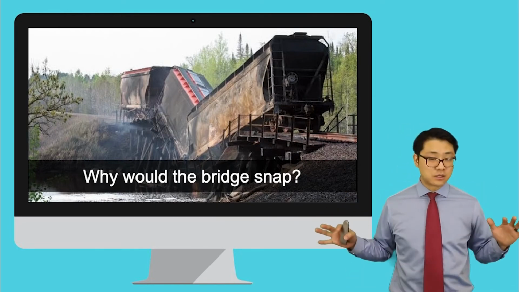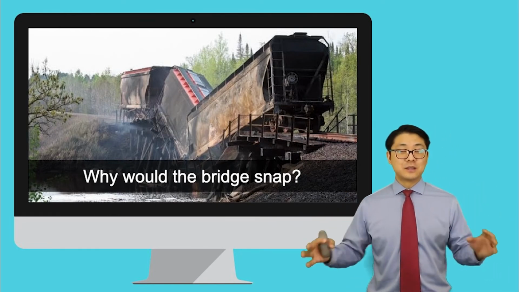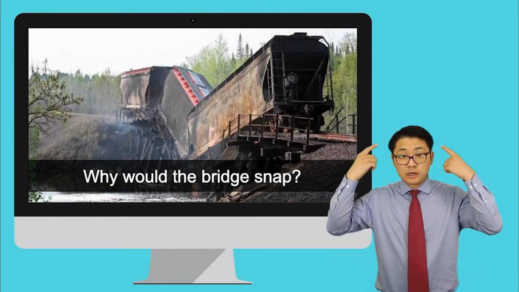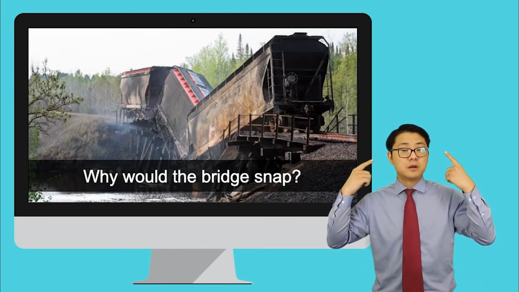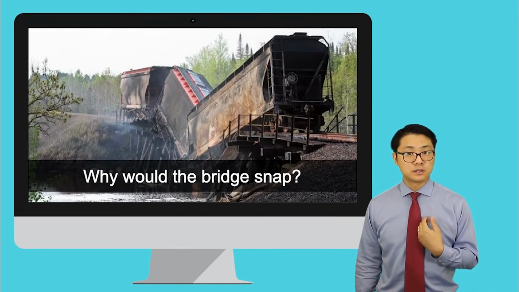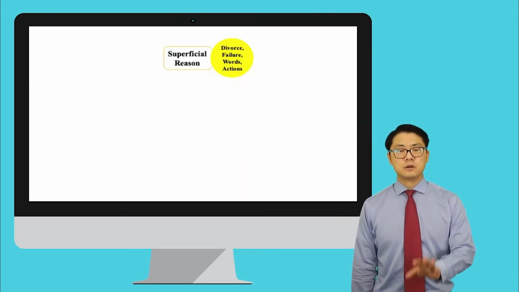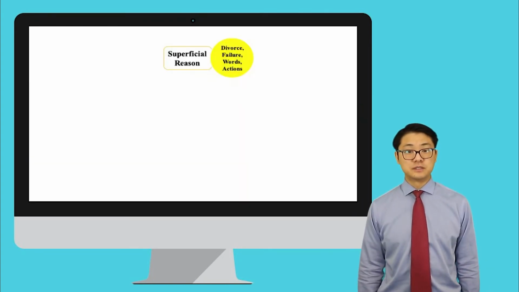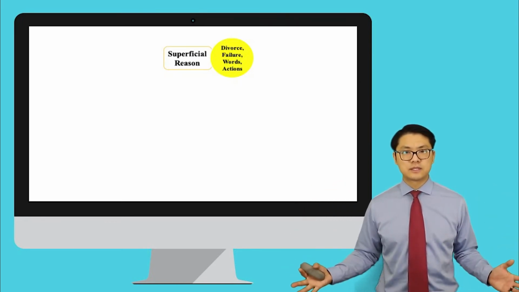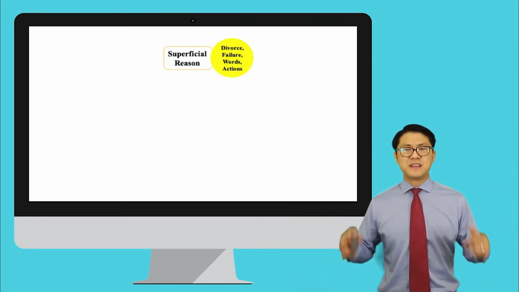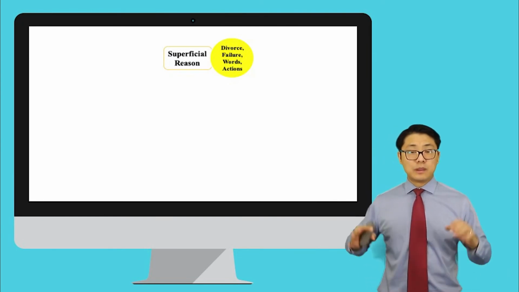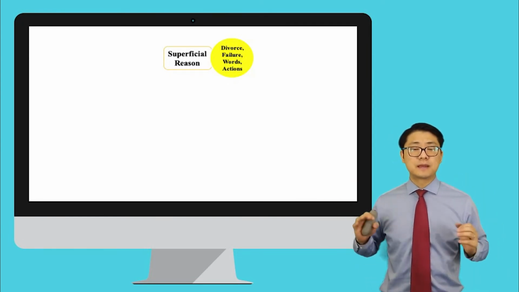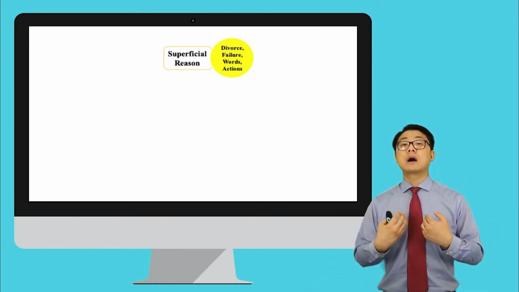Now, I know we talked a lot about bridges until just now. So let's actually talk about what's going on inside our minds, or rather, what's going on inside our hearts. Now, we just talked about a bunch of different reasons. Things that happen on the outside, things that piss us off, things that make us snap. When actually, these things don't just make us snap. First, we know how to handle ourselves.